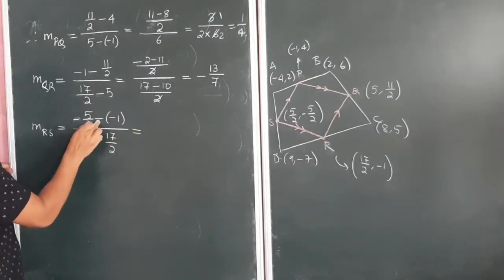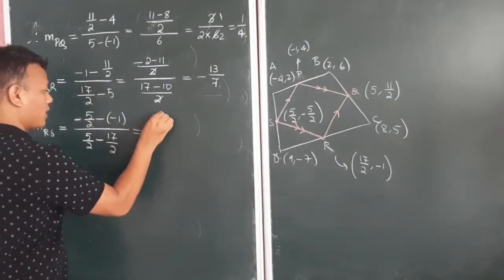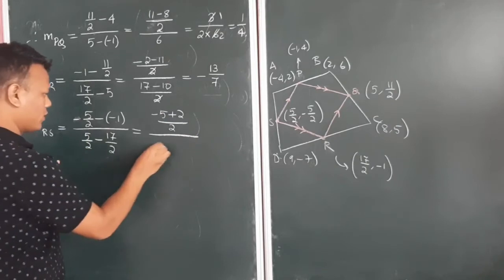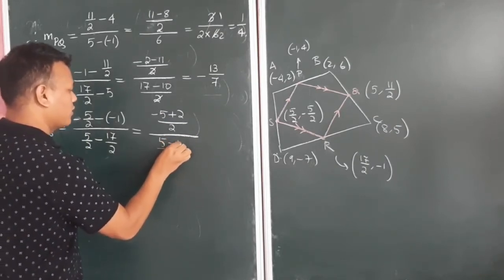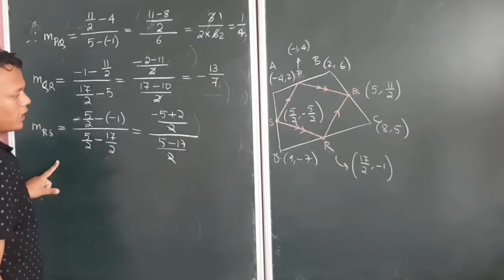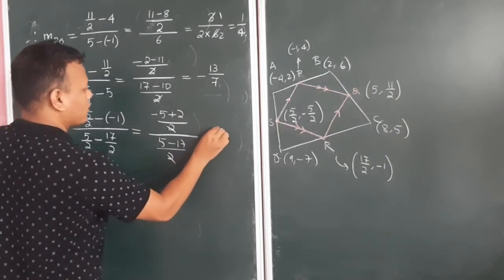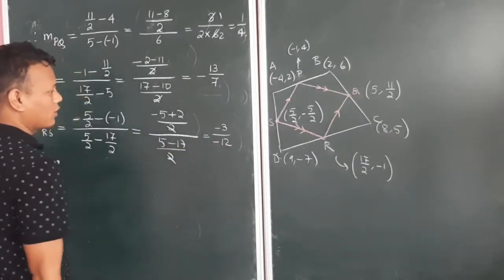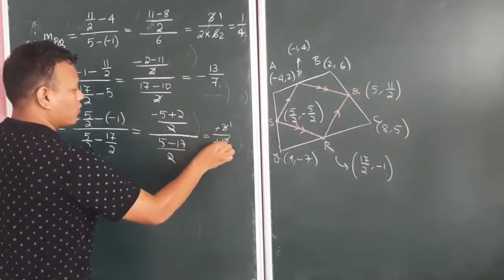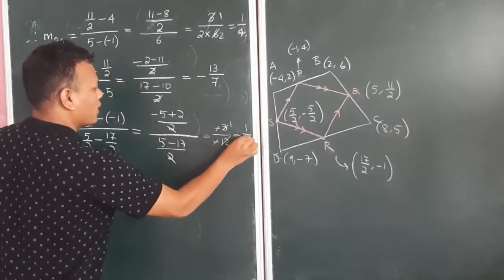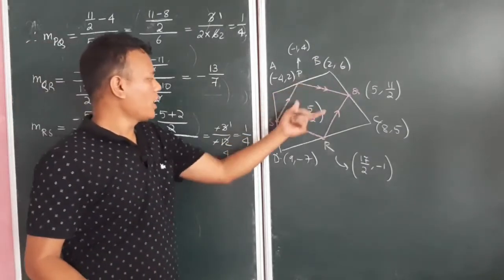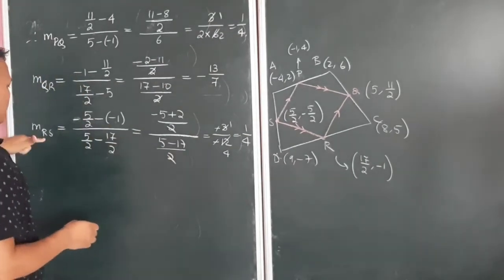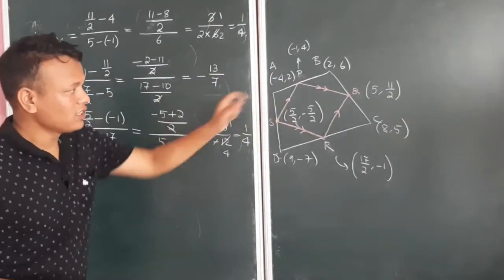Let us simplify this: minus into minus is plus, so this will be minus 5 plus 2 by 2 whole divided by 5 minus 17 by 2, and the 2s get cancelled, so this is minus 3 by minus 12. Minus and minus get cancelled, so this is equal to 1 by 4. So the slopes of PQ and RS both turn out to be equal. That means PQ and RS are parallel to each other, as we can clearly see from the figure as well.